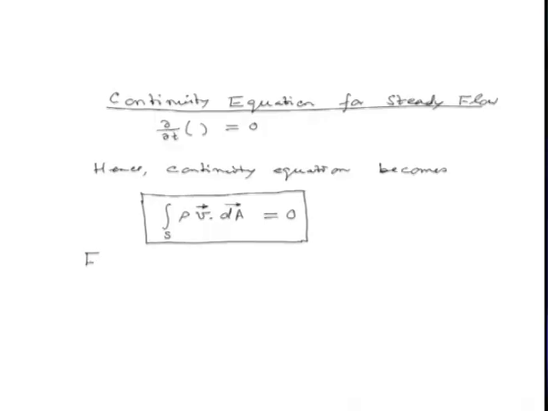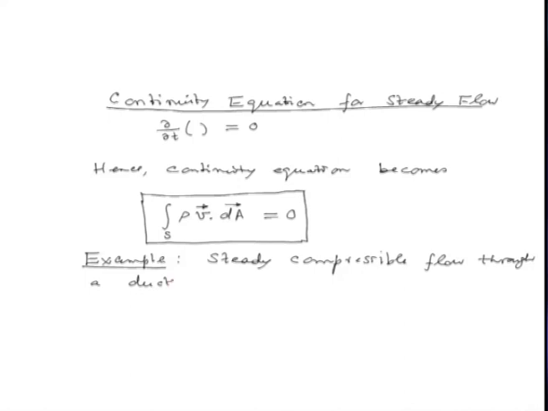Now let us have a look at a simple one dimensional example of a steady state compressible flow through a duct of variable cross section. So a steady compressible flow through a duct.